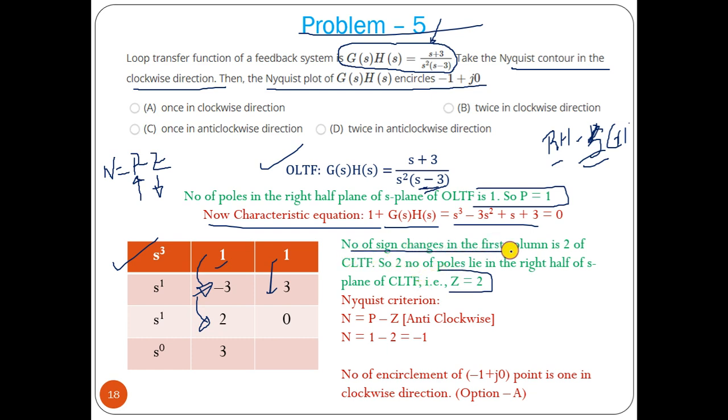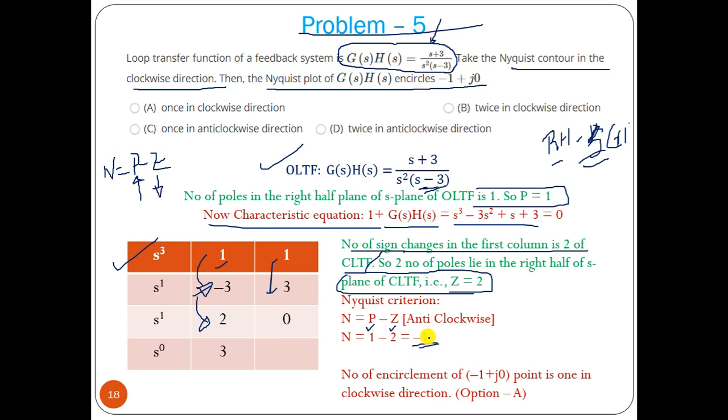So the number of sign changes in the first column is 2, which gives the poles of the closed loop transfer function, because we have taken 1 plus GSHS, that is the characteristic equation of the closed loop transfer function. So the z value becomes 2 now. We know that n equal to p minus z, p equal to 1, z equal to 2, so n becomes minus 1.